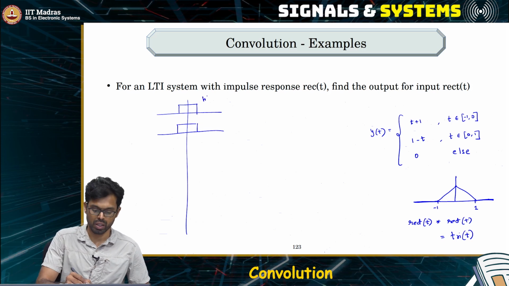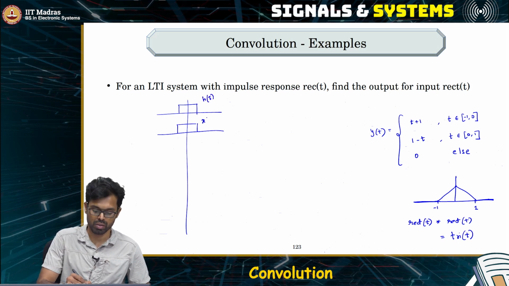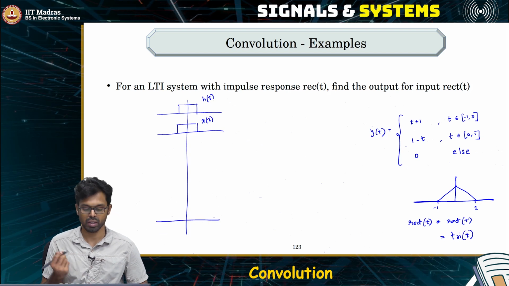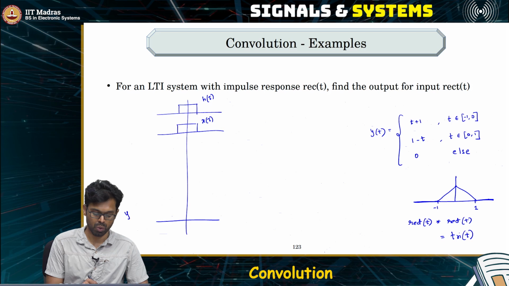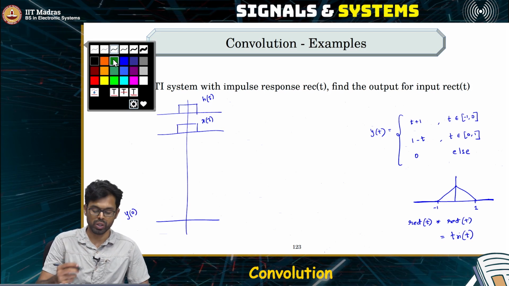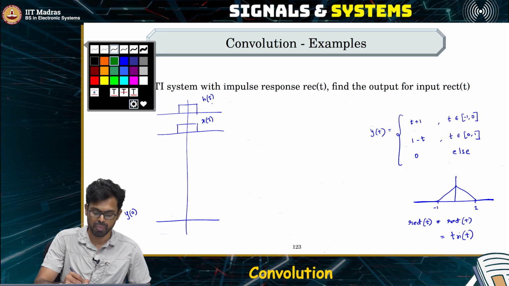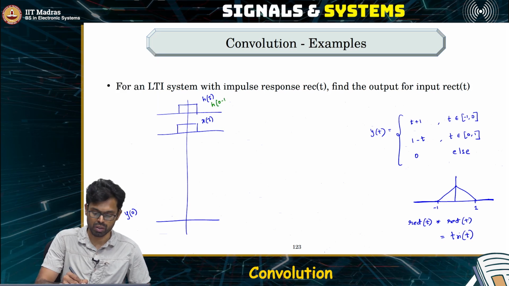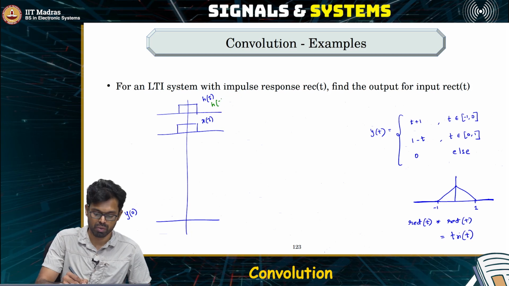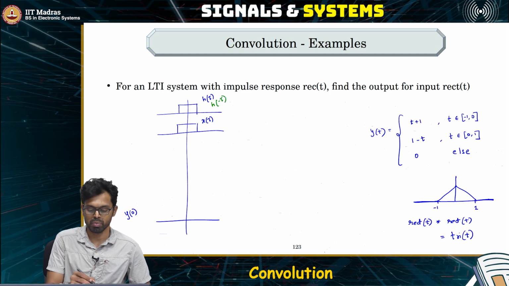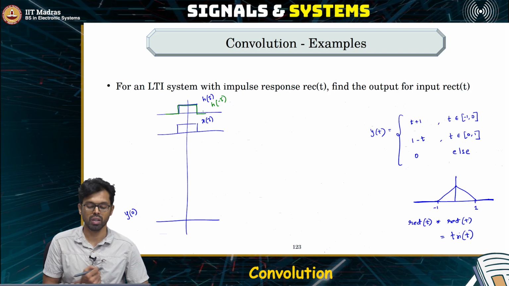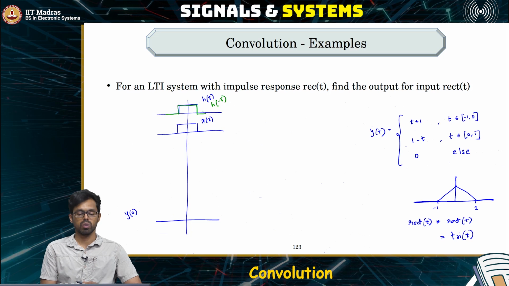So let's say this is h of tau and this is x of tau. Now let us say that we want to first find out y of 0. If you want to find out y of 0, you multiply x of tau with h of 0 minus tau, which is nothing but h of minus tau. Because h of tau is even or symmetric, h of minus tau also turns out to be the same thing.